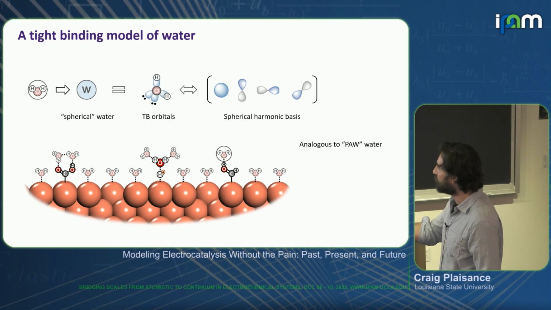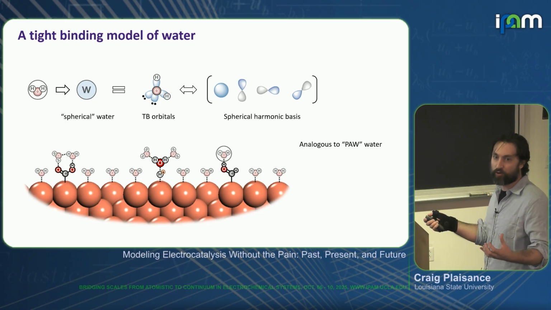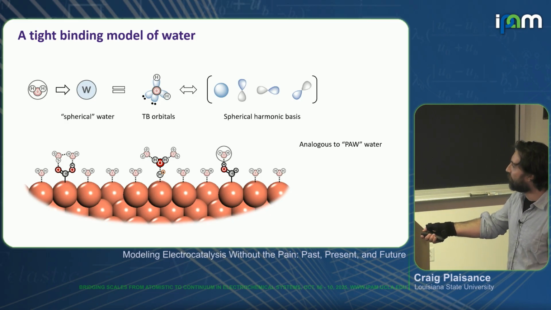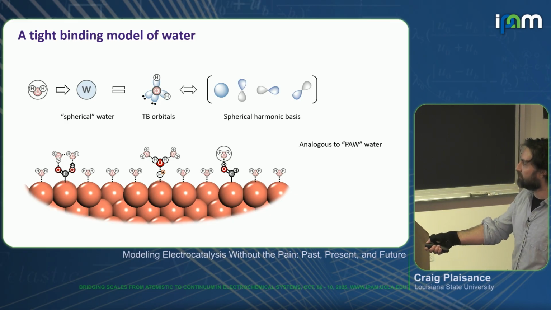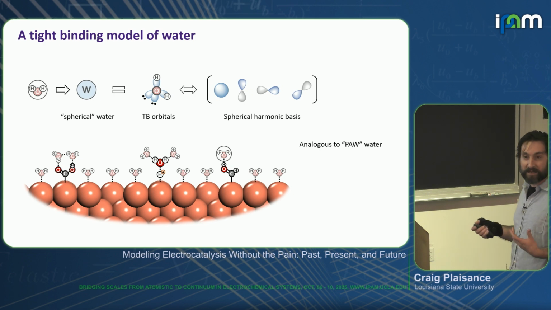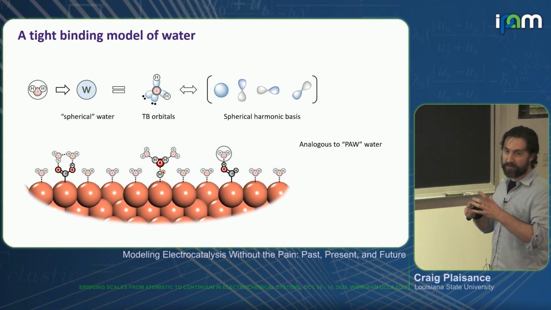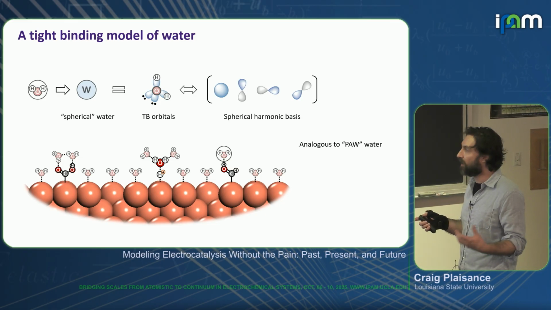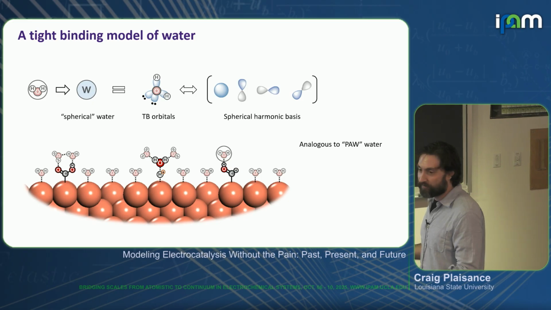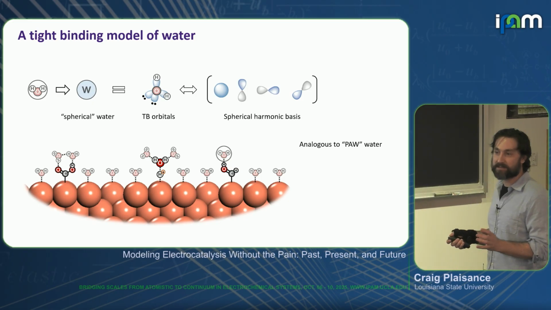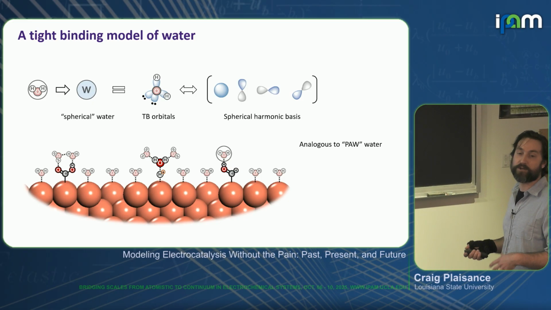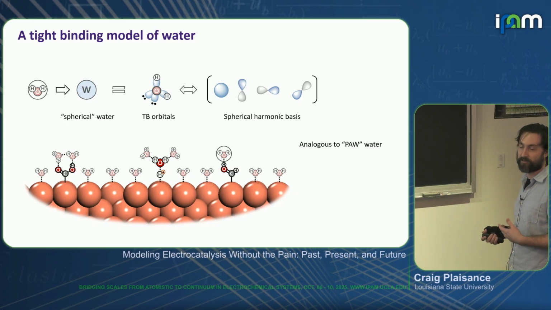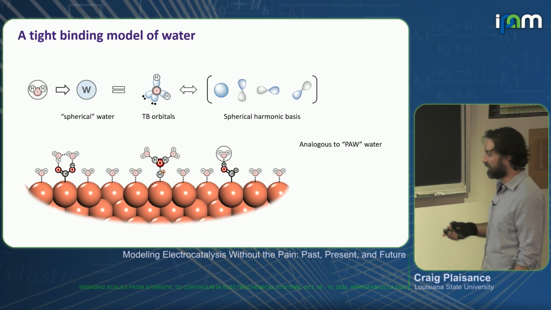These can be constructed by assuming a spherical water and assigning spherical harmonics, S and Ps, to this water, and those represent these different orbitals that interact with whatever the water's hydrogen bonding to. If any of you are familiar with the PAW method, this is analogous to PAW, the projector augmented wave method that's used as a pseudopotential in VASP.